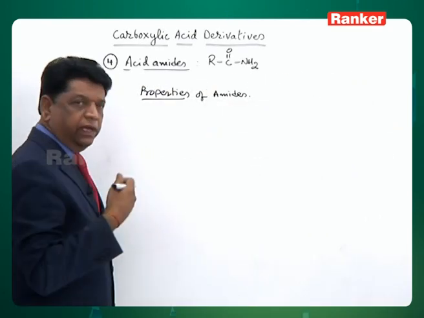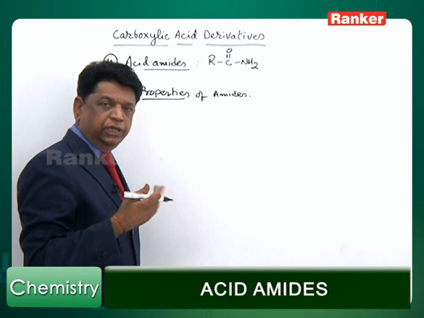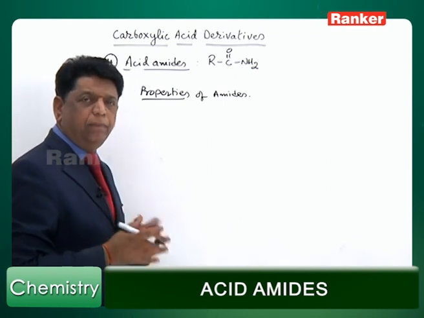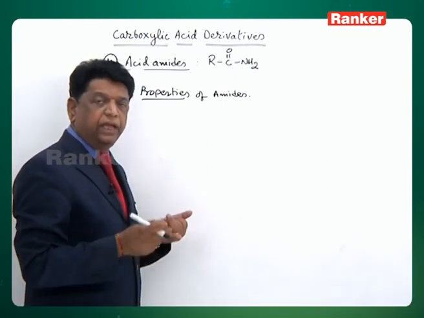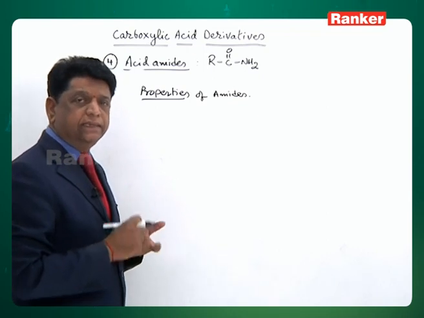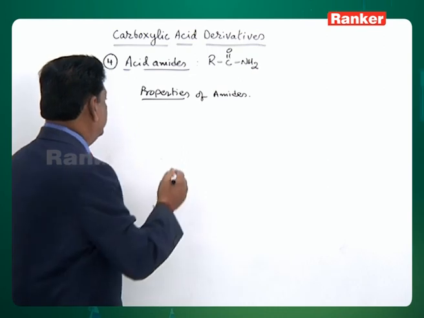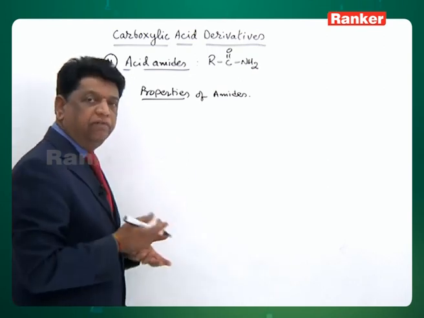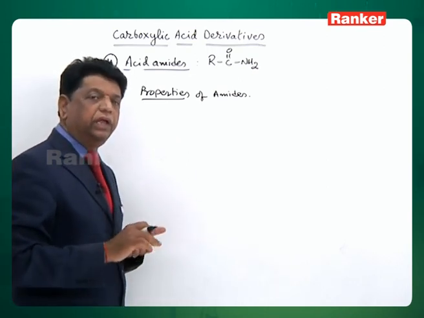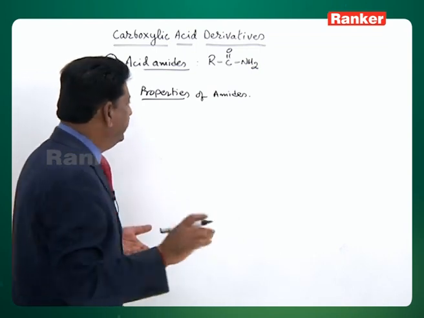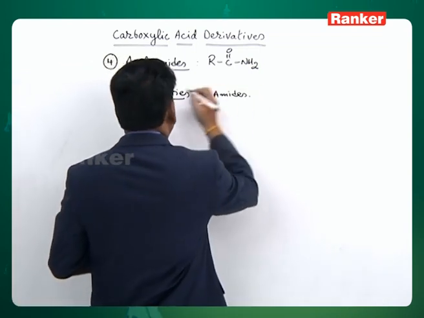As we have seen in the general introduction, the amides are the most stable products among this series of acid chlorides, anhydrides, esters and amides. Amides are the more stable one and less reactive. Therefore, they cannot be converted into the other derivatives. 1, 2, 3 cannot be prepared from 4. It is not possible. Amides are fourth number, isn't it?